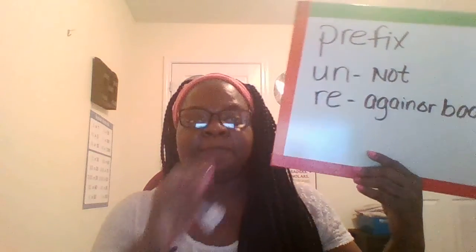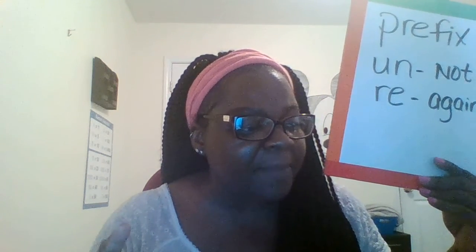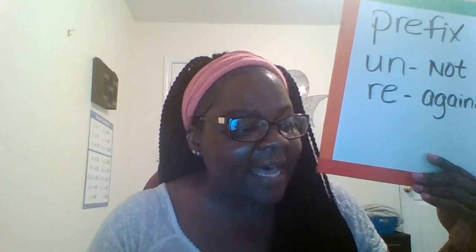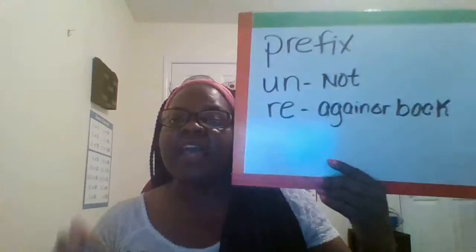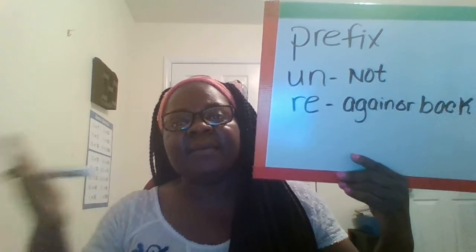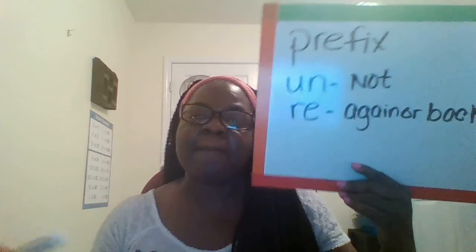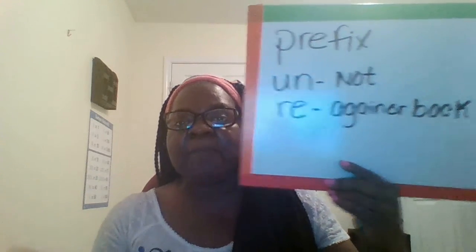What you're going to do, it says underline the root word and write the meaning. So for instance, unkind equals what? If a person is unkind, then they're not kind. If a person is unhappy, that means they're not happy.